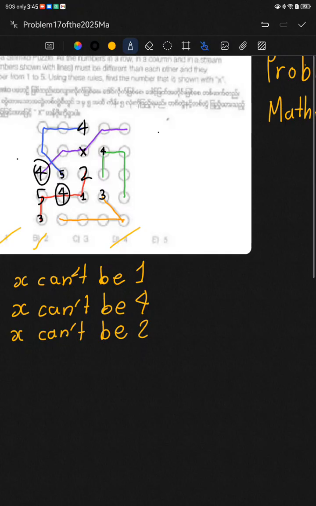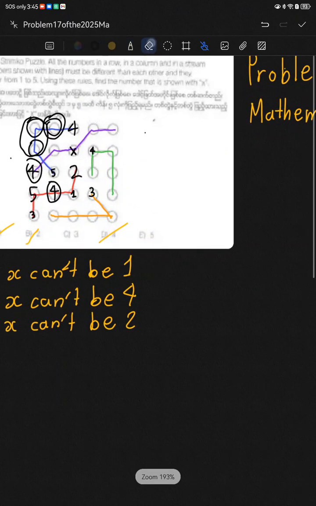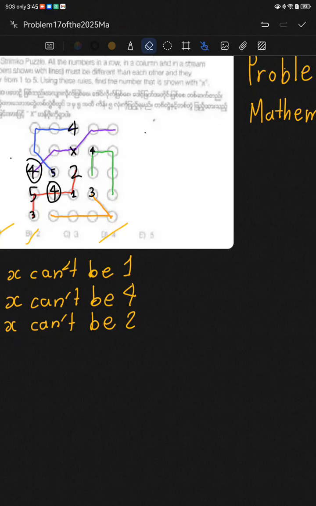They're in the same column as these empty spaces. These two spaces here, they're in the same column as this 4, and this one spot here is in the same column as this 4 in the red string. The only spot that is free is this. It's also the only 4 in the string too.